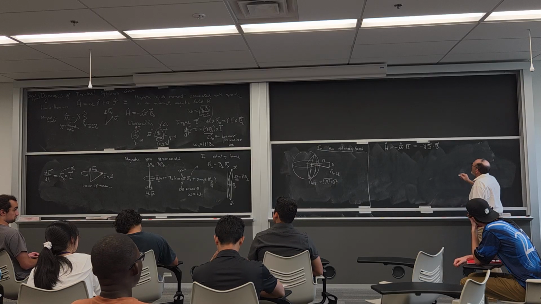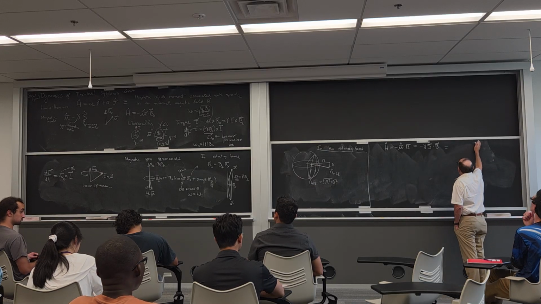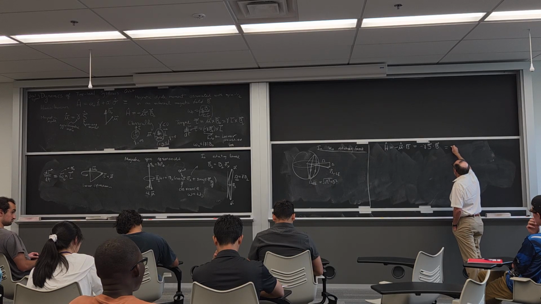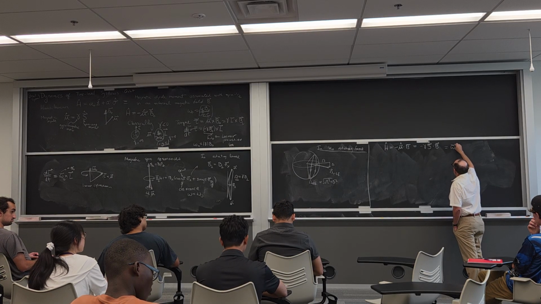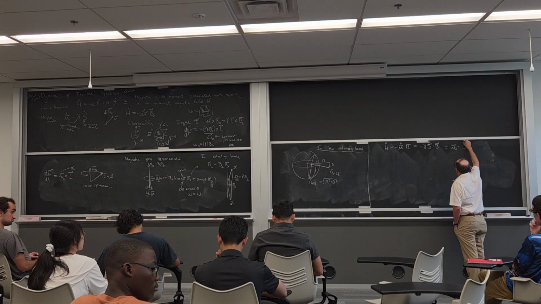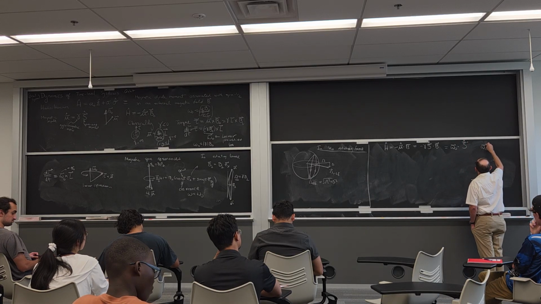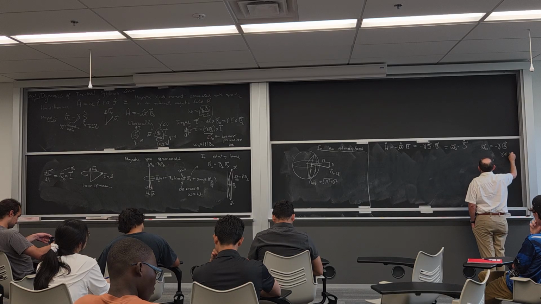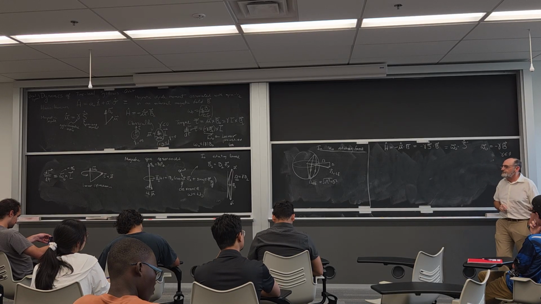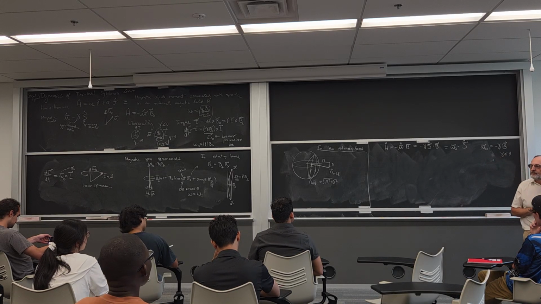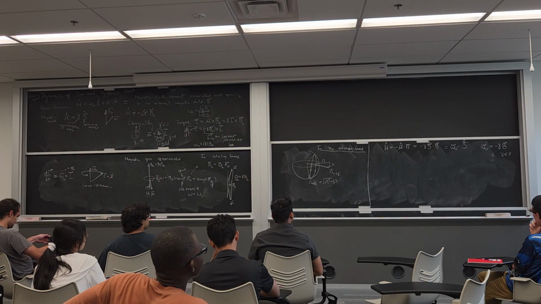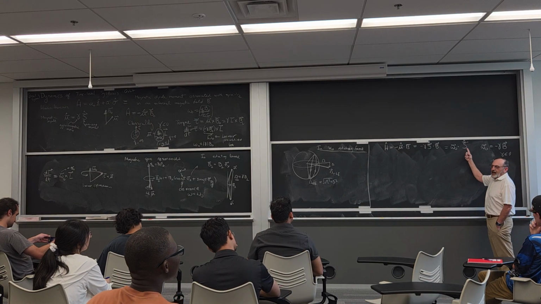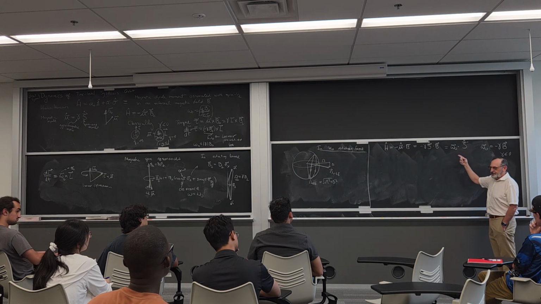Which I can write as omega naught dotted into S, where omega naught is minus gamma b. I'm not taking out the h bar, so in units of h bar, omega is an energy.